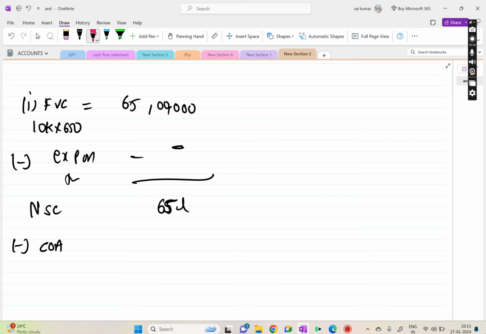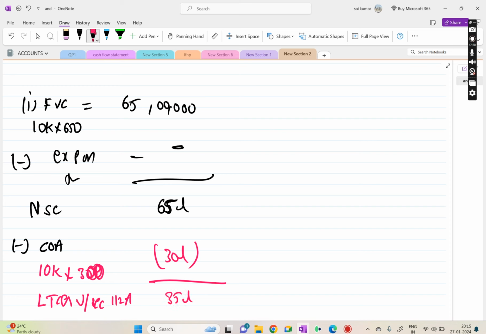So section 112A is applicable, so I cannot claim any indexation benefit. So 10,000 into 300 I will do. I'll get 30 lakhs. Then I get LTCG under section 112A: 65 minus 30 lakhs, the answer is 35 lakhs.